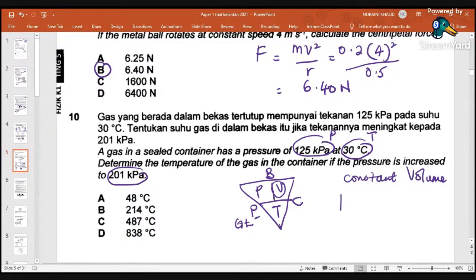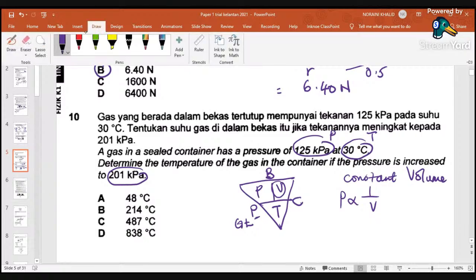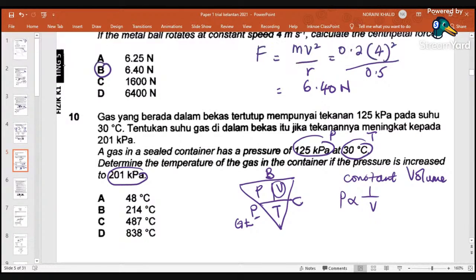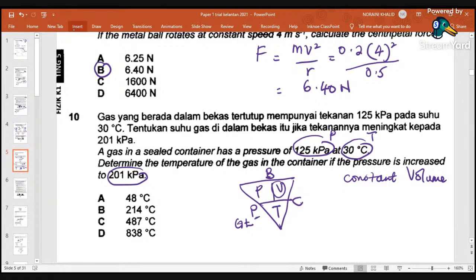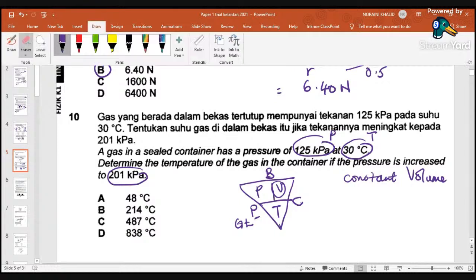Volume constant, so this is Gay-Lussac's law.